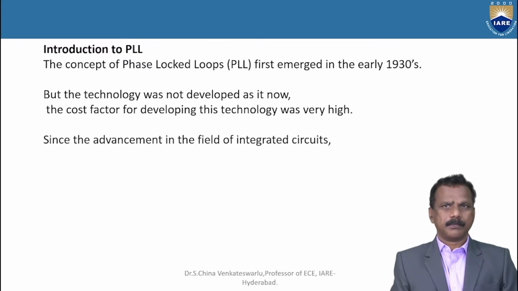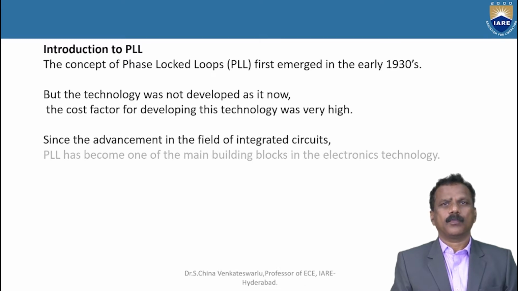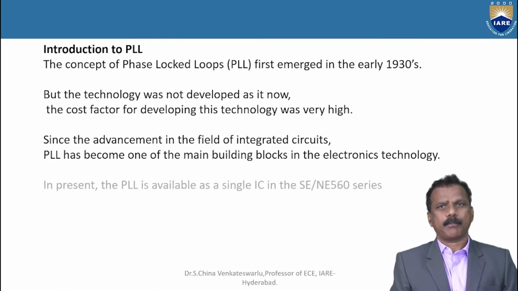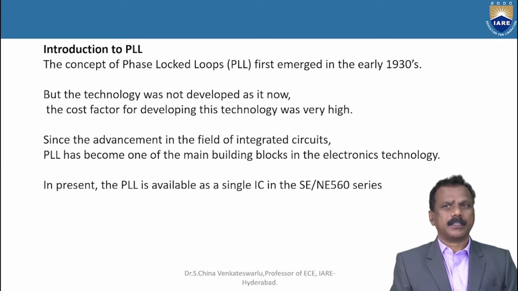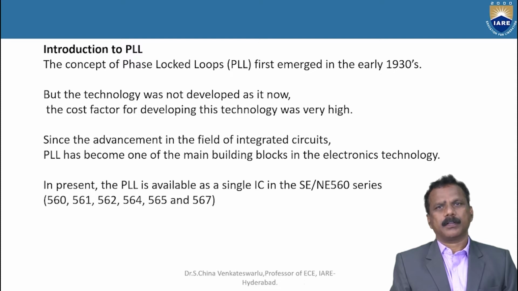Since the advancement in the field of integrated circuits, this has become one of the main building blocks in electronic technology. At present, the PLL is available as a single IC in the NE560 series: 560, 561, 562, 564, 565 and 567.